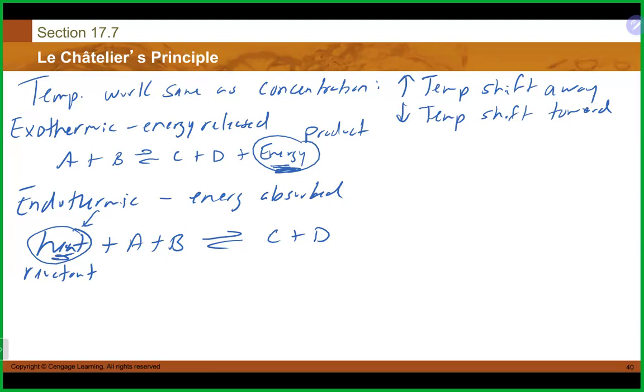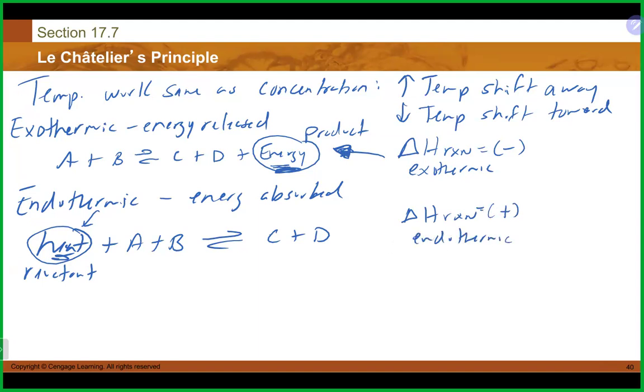But more commonly, we see something that we saw in chapter 10 early on, our delta H. If the delta H of our reaction is negative, it is an exothermic reaction, which means it would be this one here. And if the delta H is a positive value, then it's an endothermic reaction, which is this situation here.